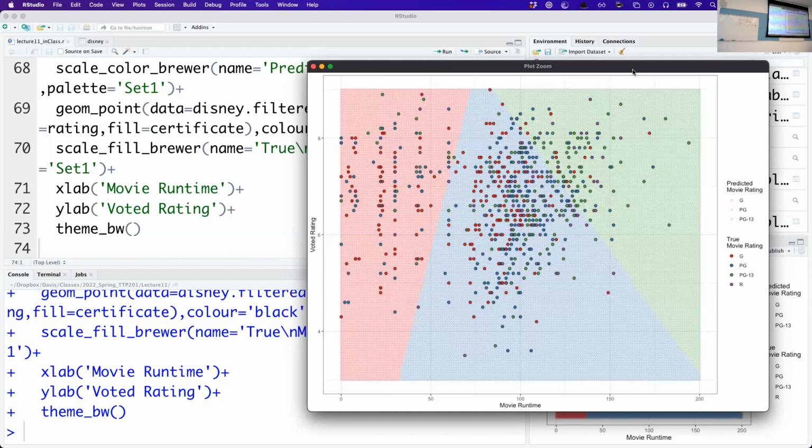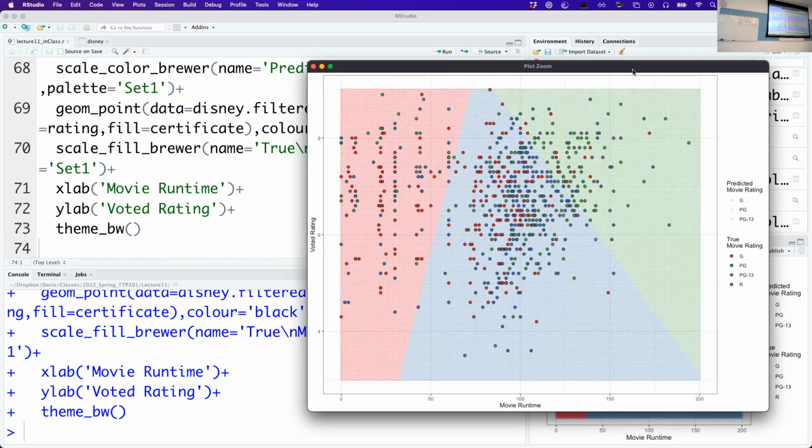Okay, so how would we calculate something like an error rate here? What do you guys think? There is a nuance here.